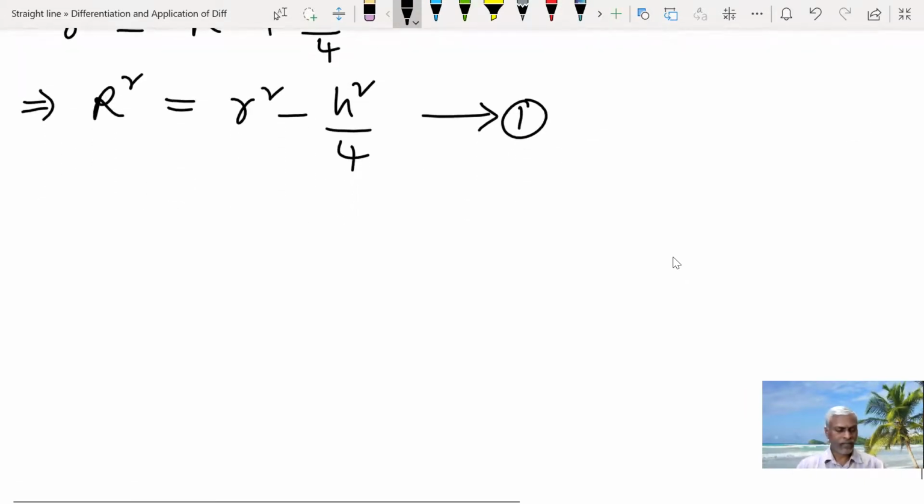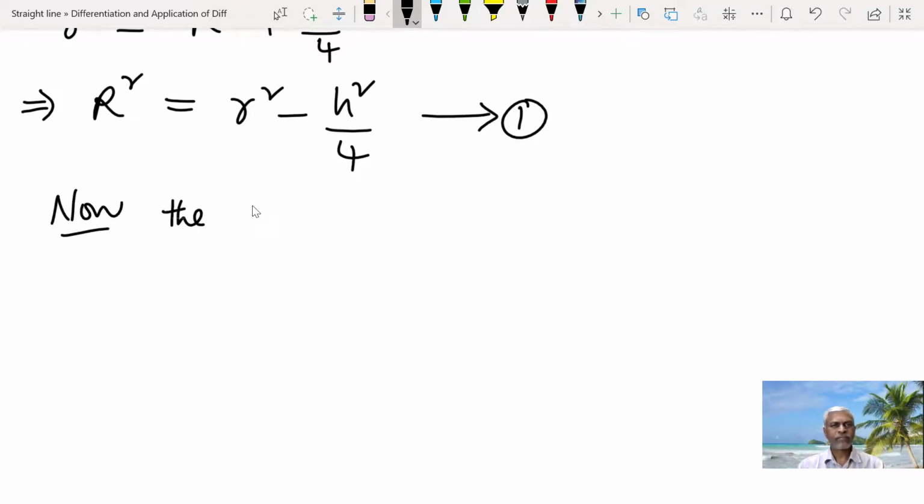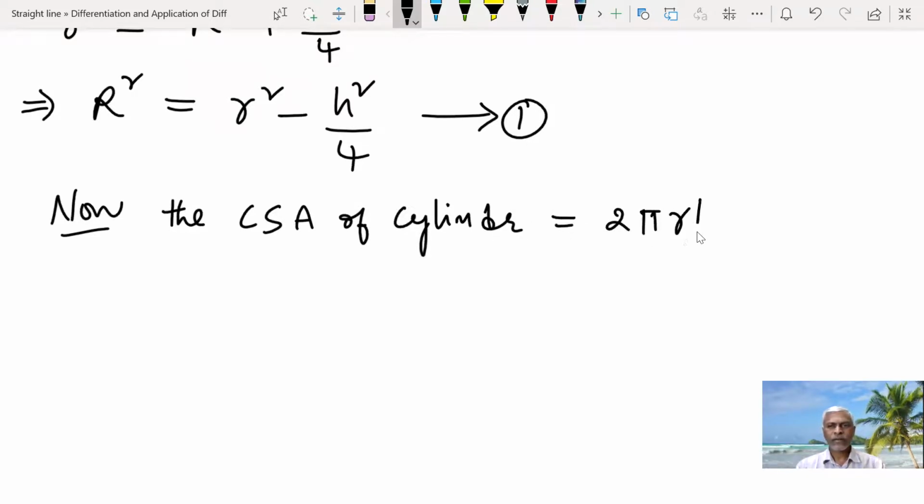Now we have to maximize the curved surface area. Curved surface area of the cylinder is 2 pi R h.